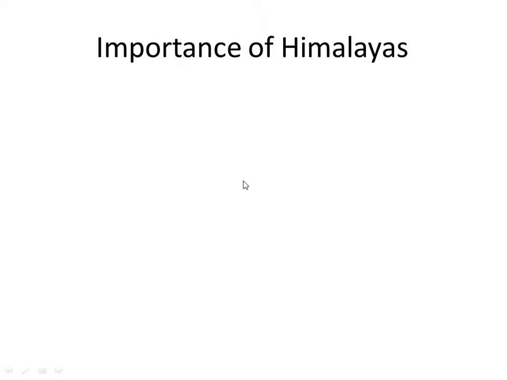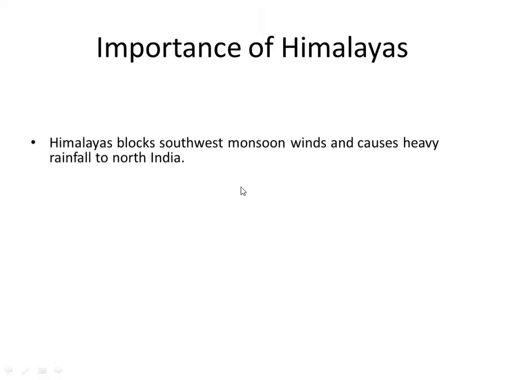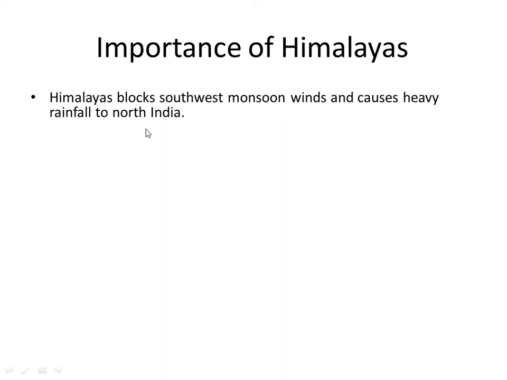And what is the importance of the Himalayas? First of all, these Himalayas block the southwest monsoon winds. Because of this blocking, India, especially North India, gets heavy rainfall. Also, this became a natural barrier to the Indian subcontinent.